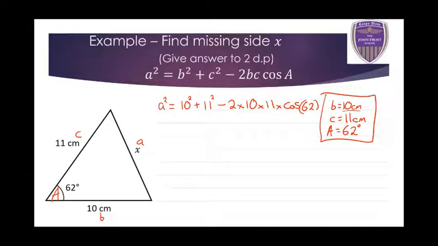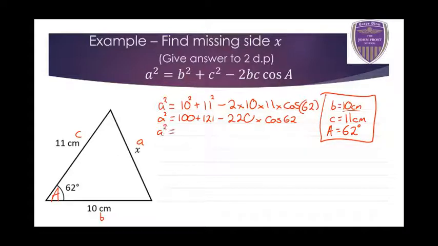I'm going to go through this, working out each part of the equation just to show you the full way of doing it. But when you use your calculators, if you type all this in one go and press equals, as long as you've typed it in right, you'll get the right answer. So let's work through this step by step. a squared: 10 squared is 100, 11 squared is 121, 2 times 10 times 11 is 220, times cos 62.